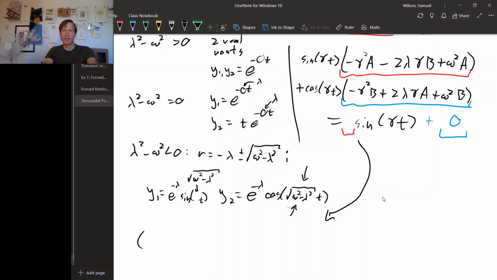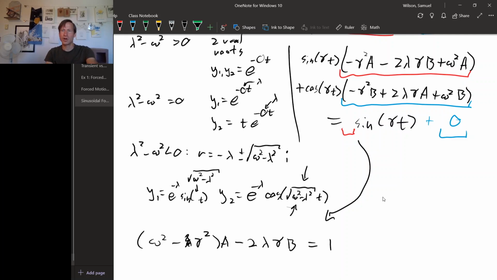So for the red terms, the coefficients on sine, we get omega squared minus gamma squared times A plus minus 2 lambda gamma B, and that has to be equal to the coefficient on sine on the right-hand side, which is 1.